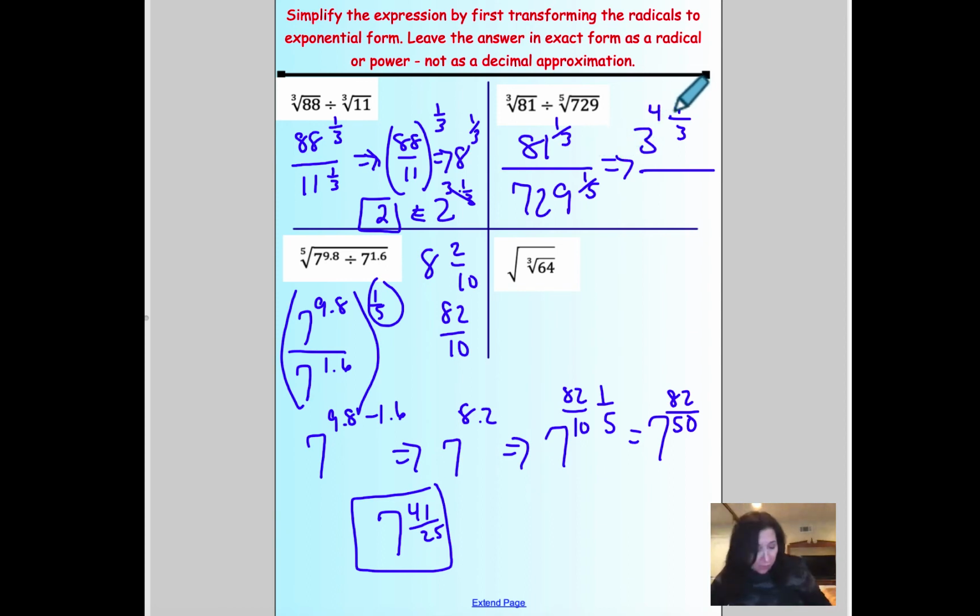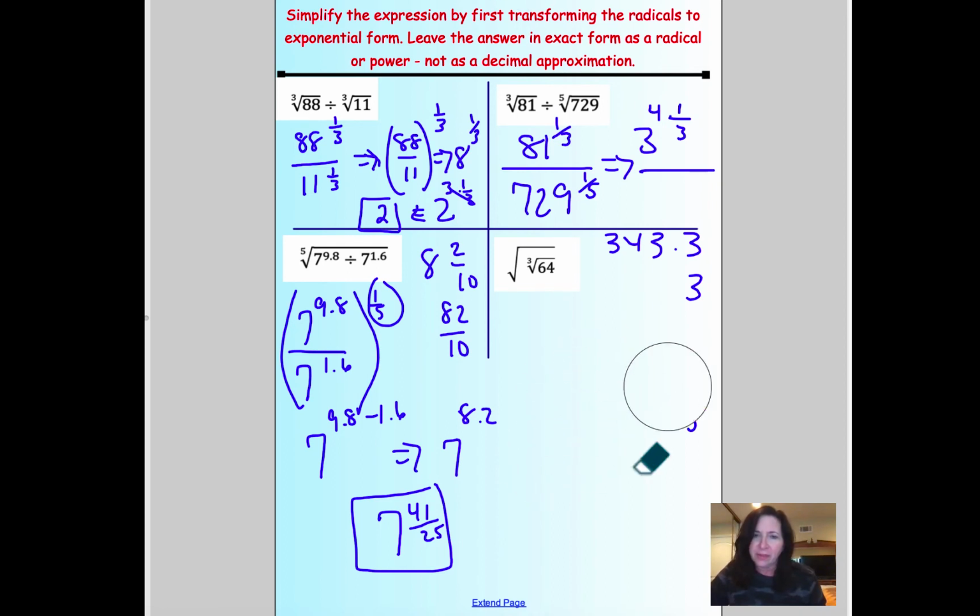729, without doing this on the calculator, just dividing 729 by 3 is 243 times 3. And then again, I'm going to divide that by 3, and I get 81. Let me rewrite this.